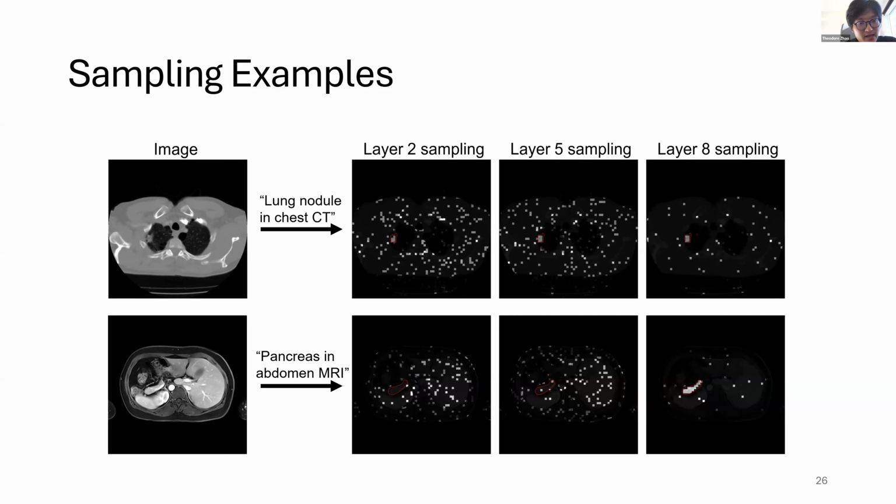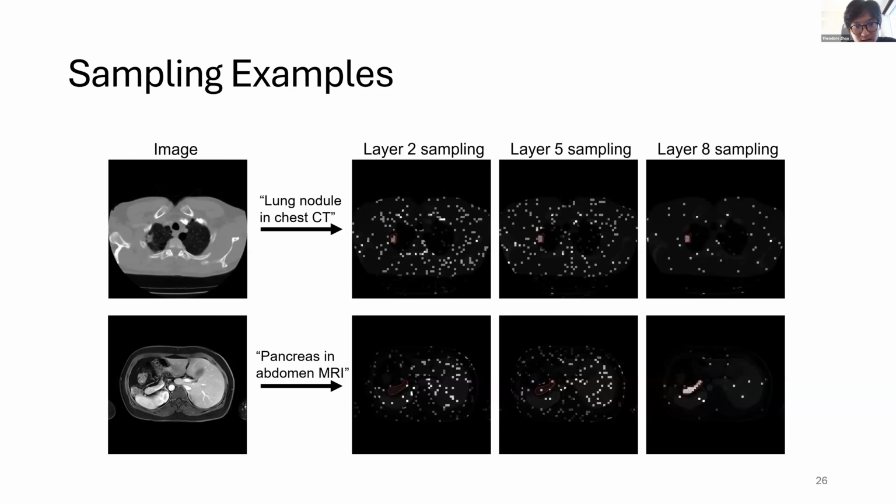In the second case, we're trying to segment the pancreas in abdomen MRI. We can see that in the early layers, the model doesn't even hit one patch of the target in that specific layer, but explores some other regions. So it doesn't know what a pancreas looks like in some sense.